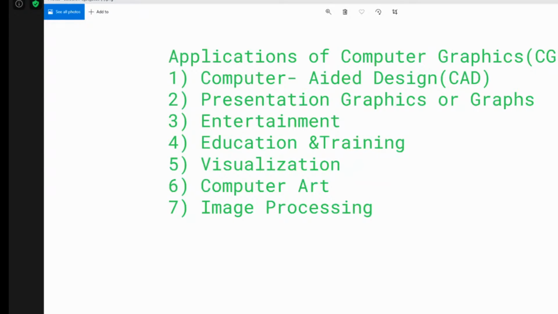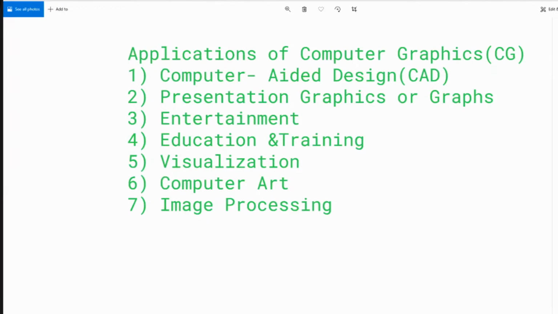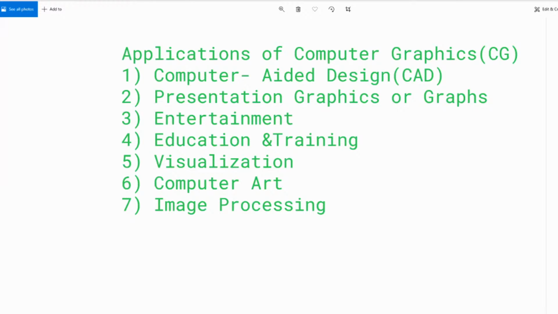As I already told you, compare the movies in the previous days and the movies at present. The main thing we observe here is the quality of the picture. How is that quality of the picture achieved? With the help of image processing only. To enhance the quality of the picture, image processing is used in multiple areas: robotics, medical areas, different methods.